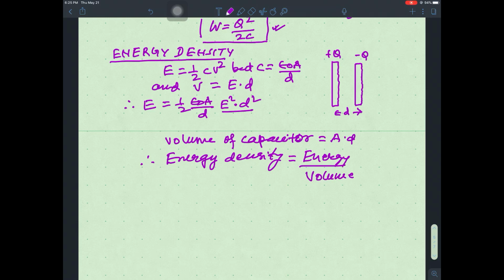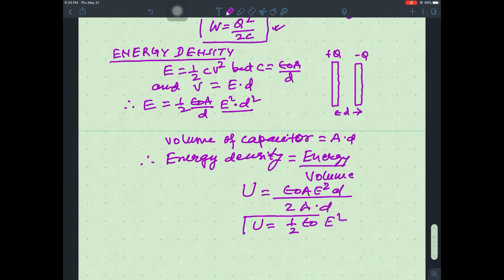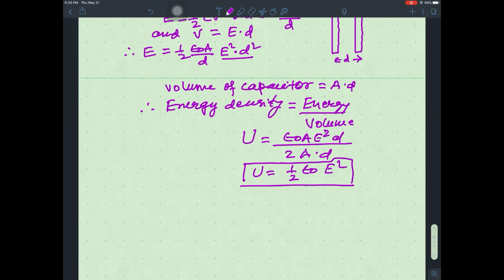Representing it by u, u is equal to epsilon naught A E square d by 2 A d. So this is equal to 1 by 2 epsilon naught E square. Energy density we have got is 1 by 2 epsilon naught E square.